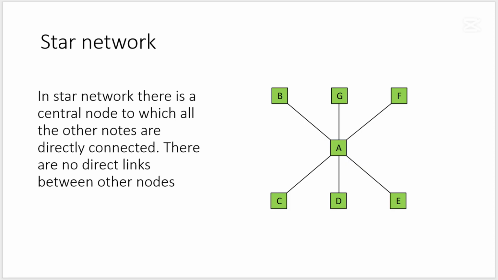Non-redundant unless additional protection mechanisms are implemented. Each node connects directly to the central hub or node, which simplifies management.